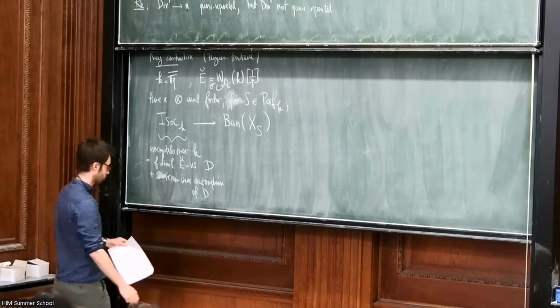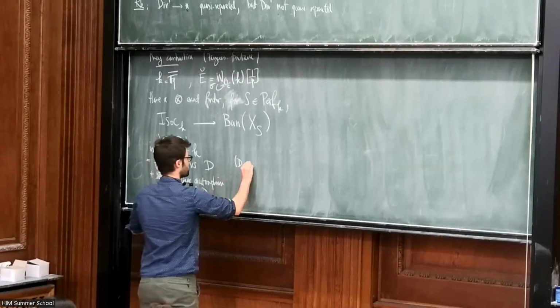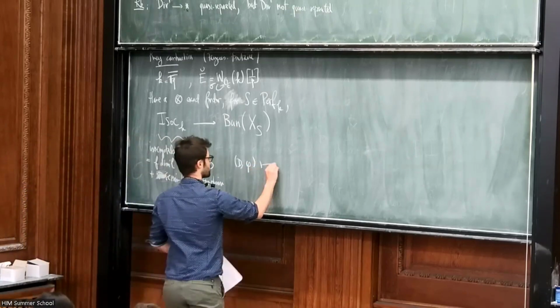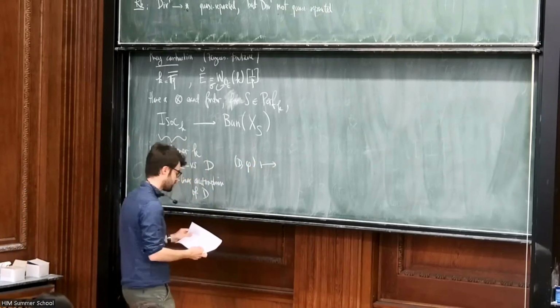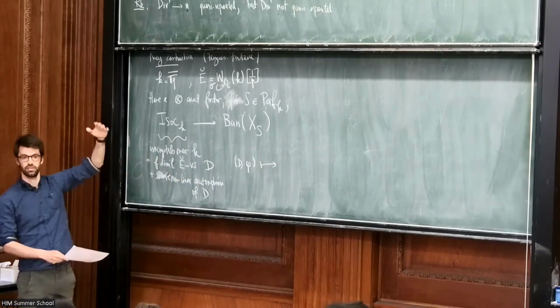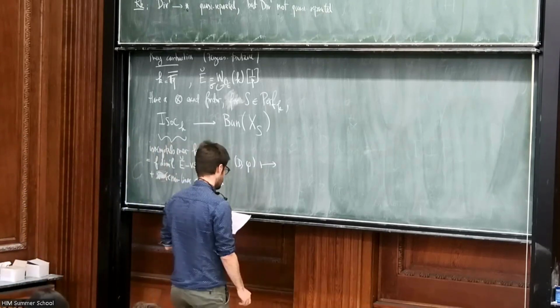And how does the construction work? Well, if you have such an object, just a pair D comma phi, what you can do is map it to a vector bundle on the Fargues-Fontaine curve. You use the fact that the p-adic Fargues-Fontaine curve is defined by some kind of uniformization from Y_S.